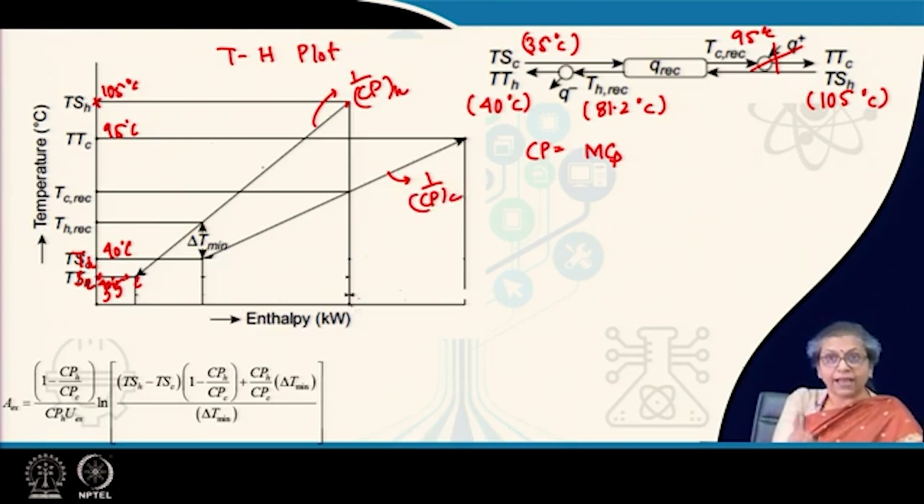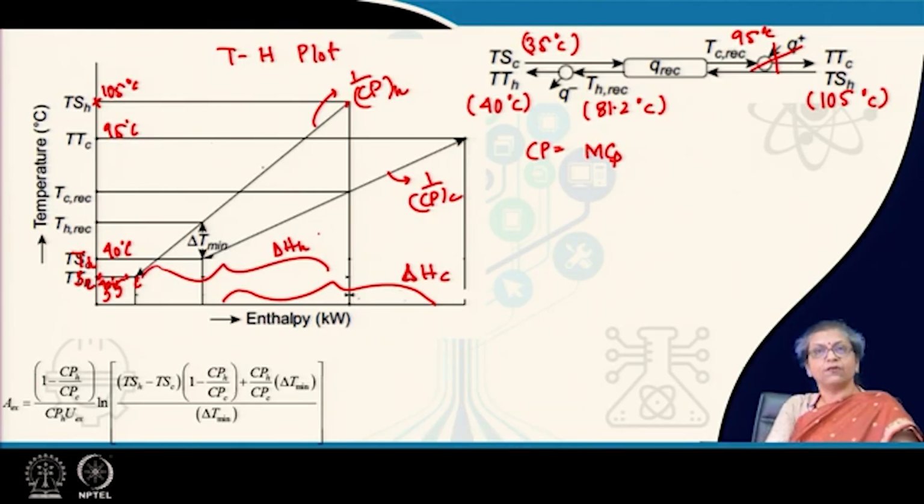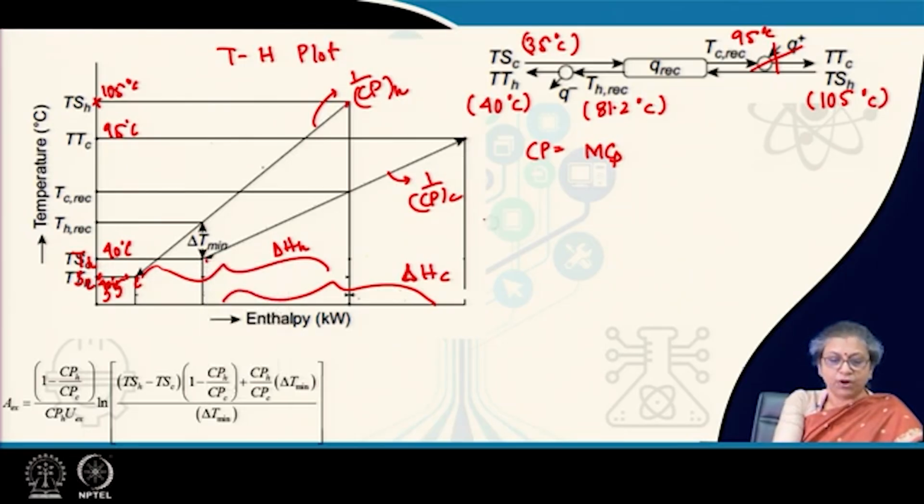Another thing that is also fixed is this delta HC and this delta HH. What is not fixed is the start points, because we know the difference in enthalpy between these 2 points, but what we do not know is where it starts and where it ends.